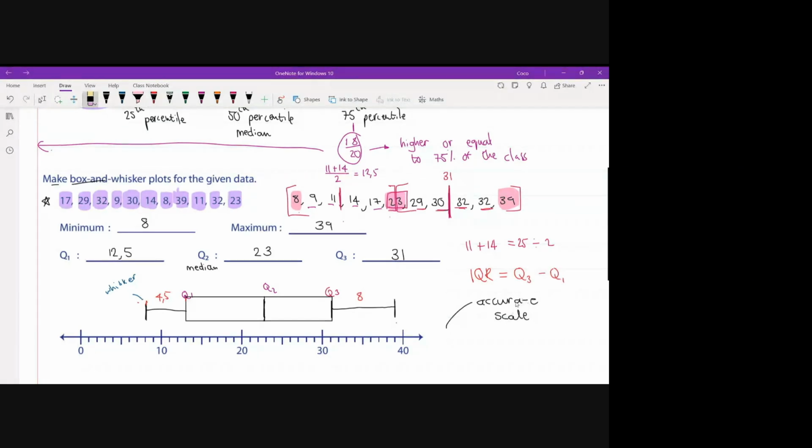All right. So if I calculate that, I'm going to get 31 minus 12.5. Let's see. 30 minus 12 would give me 18. That's 18.5, right? 18.5. So the distance in data from there to there is 18.5 units.